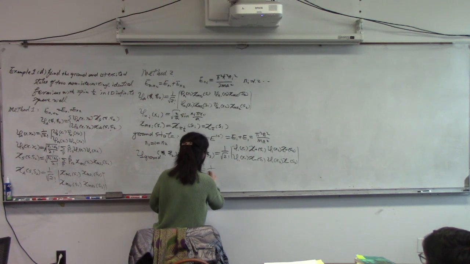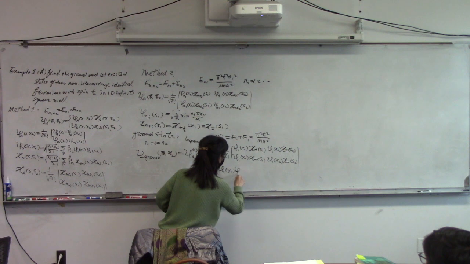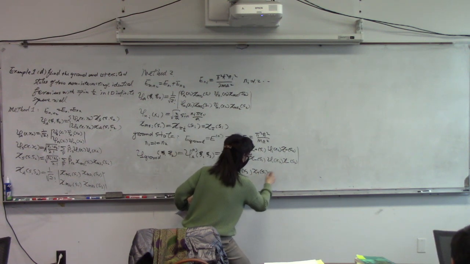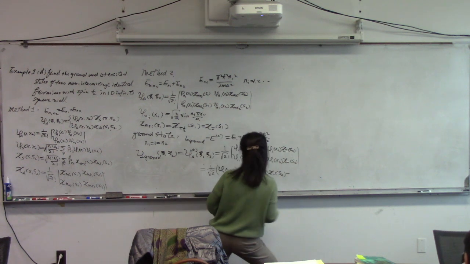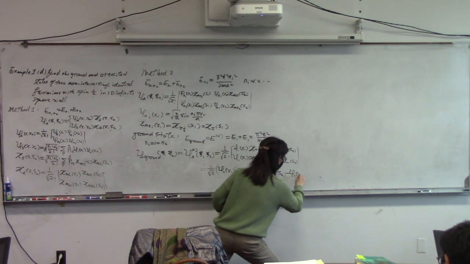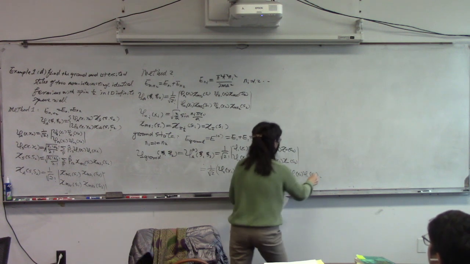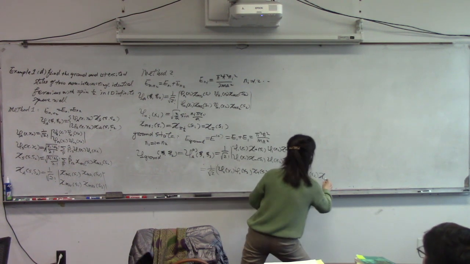Now we have 2 terms, right? The 1, x1, and here 1, x2, and then a plus s1, a minus s2. Minus here, right? Minus 1, x1, 1, x2, and kappa here, right?